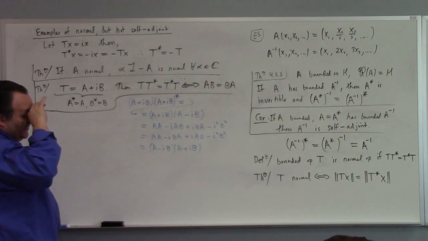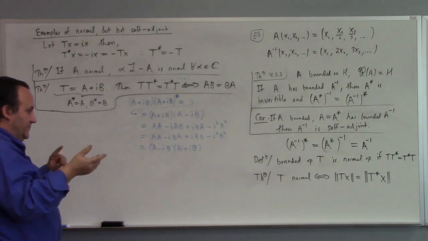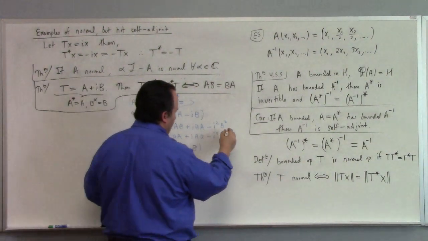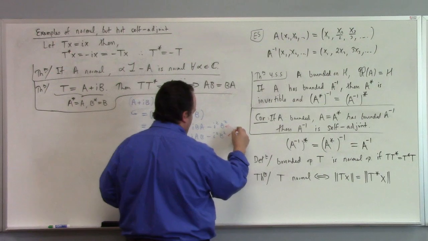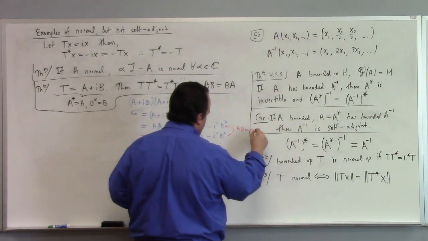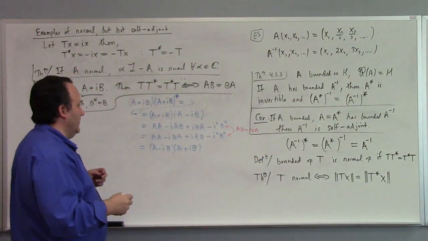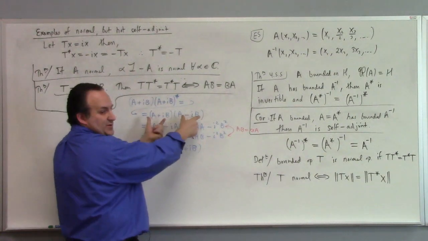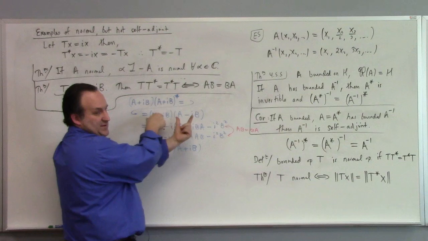So what I did here is this step is only true for AB equal to BA. More to the point, if A and B commute, you can commute these.